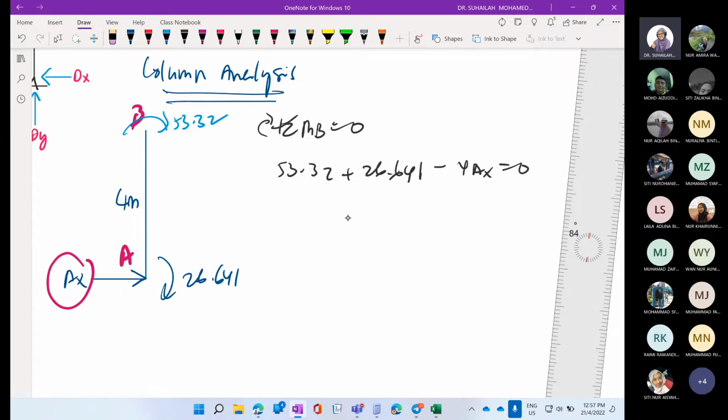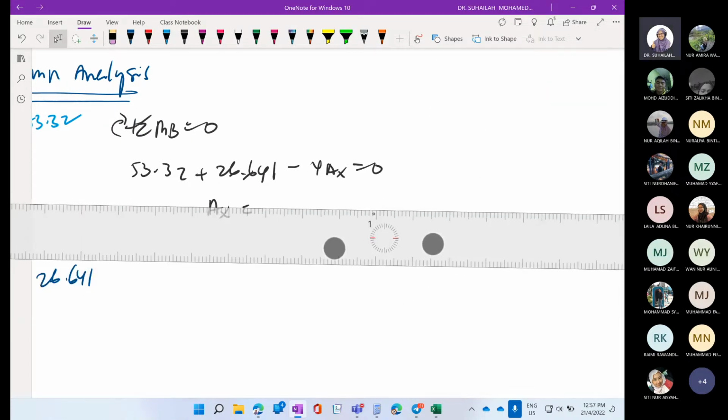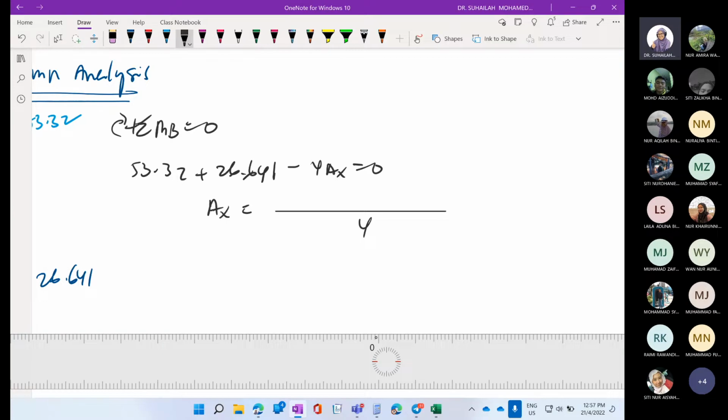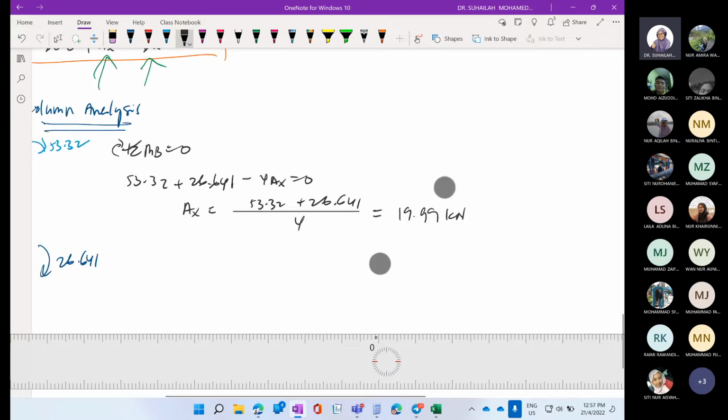So AX equals this divided by 4. It is 53.32 plus 26.641, divided by 4. What is the answer? 19.99 kilonewton. So this is AX.